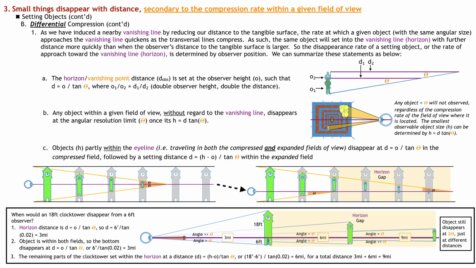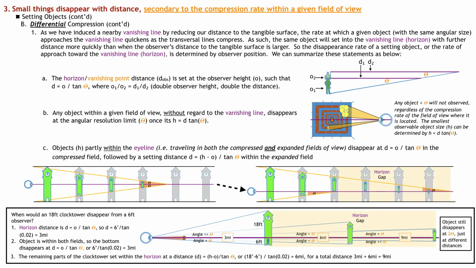So again, if I were equidistant within this hallway example, and my observer height was 9 feet, and there was equal compression between the ceiling and the floor, and I had this 18-foot tall object, and it moved away from me, it would disappear as a single point within the vanishing point.